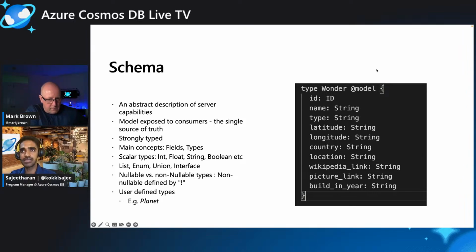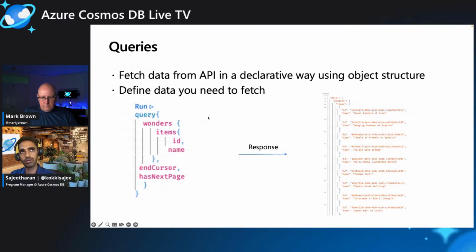In the example that I'm going to show today, I'm using a simple Cosmos DB collection called Wonder, which consists of different data types in the form of string, ID, and things like that. So you can assume schema as the structure of the data you want to play with. This supports different data types, and you can explore more on the GraphQL.org website.